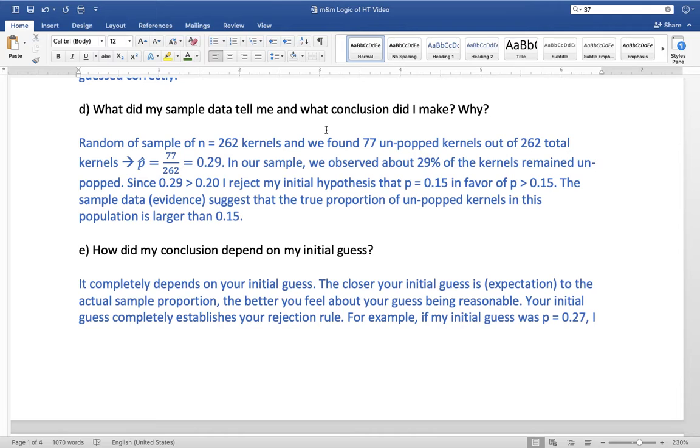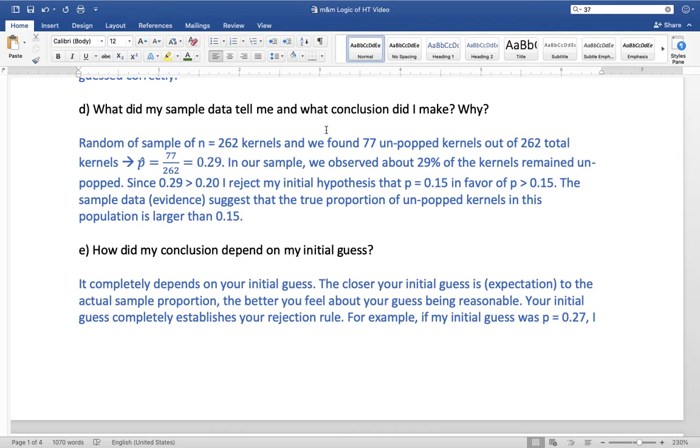My rule for rejecting my guess of 15% was: if my sample proportion was larger than 0.20, which it was at 0.29, I would reject my initial guess in favor of the true proportion actually being larger than 15%. And that's what happened. The reason I rejected my 15% guess is 0.29.